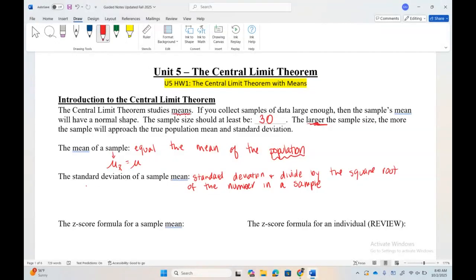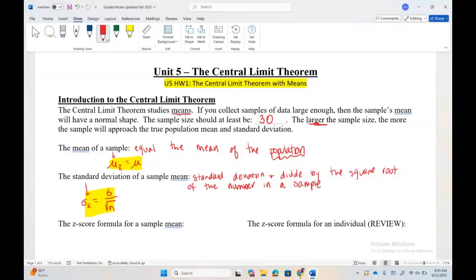So the standard deviation of a sample mean, we write standard deviation with the same little subscript, sample mean. That's going to equal the standard deviation of a population divided by the square root of n.